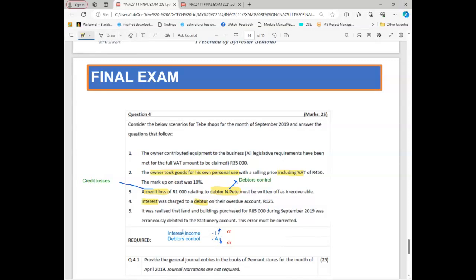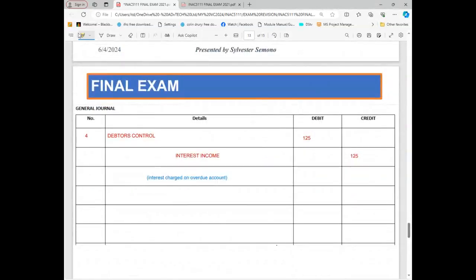You can see the error here. Instead of debiting land and building, they debited stationery. So how can I fix it? The two accounts are stationery and land and building. I'm going to credit stationery to fix it and debit land and building. Can you see now? So easy like that. So this will be number 5.